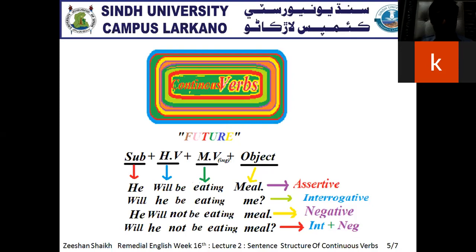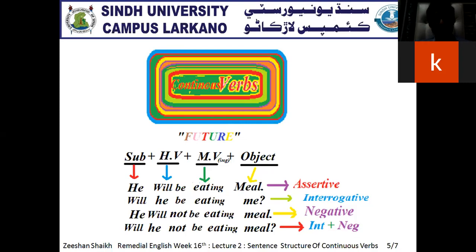But now I'm telling you what mistakes a few students usually make. Whenever students make the interrogative sentence, they usually write will be he eating meal. They write will be together in the place of the helping verb, but actually this becomes a wrong sentence.